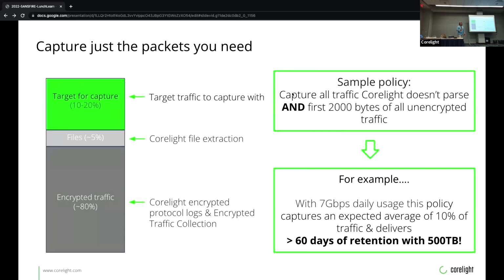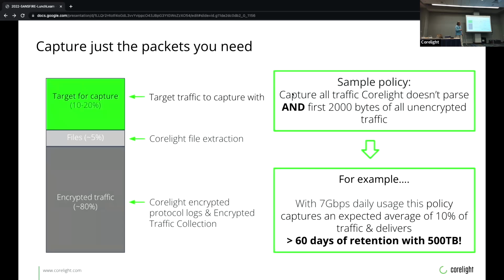If an adversary is going to do something on your network, are they going to initiate a connection and then just send no-ops and nulls for 10 minutes or for 5,000 bytes? I don't think so. If they're going to try and exploit a vulnerability, they're going to do it quickly. Grab the first 2,000 bytes, you'll see it.